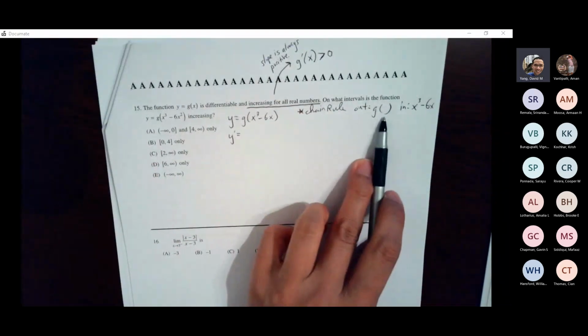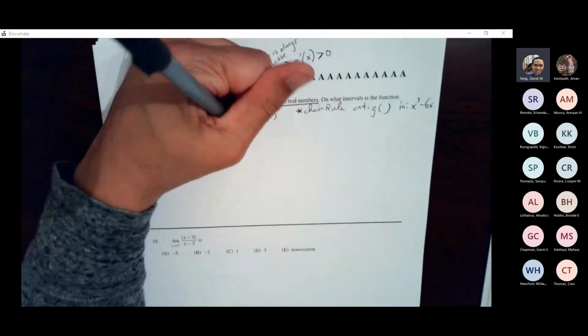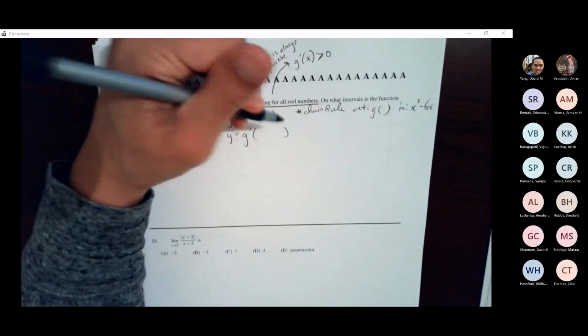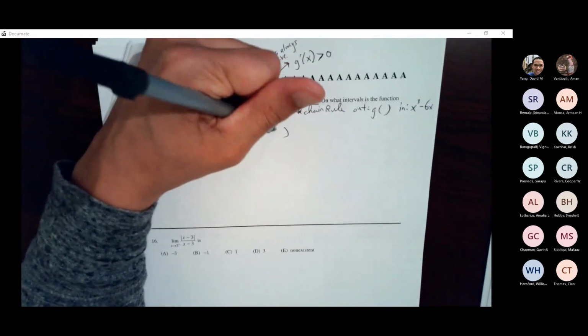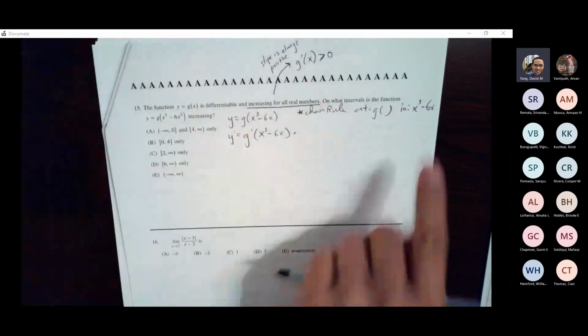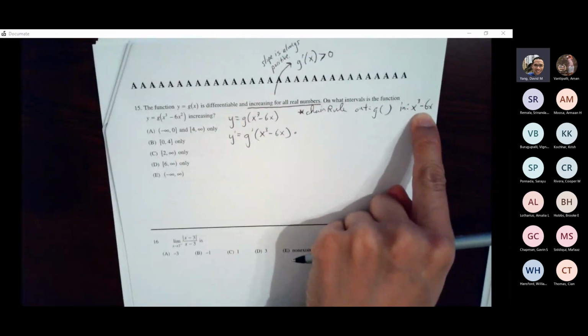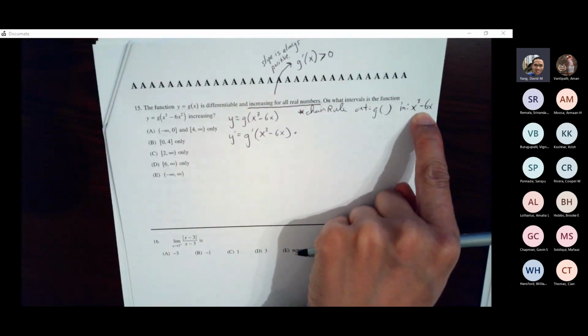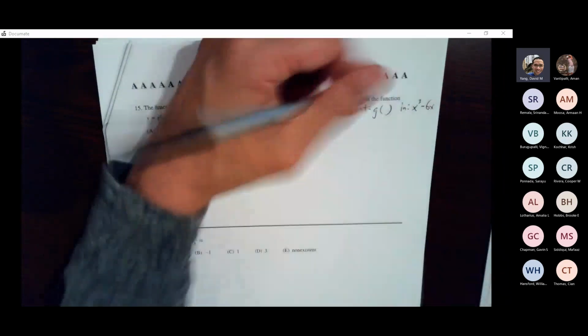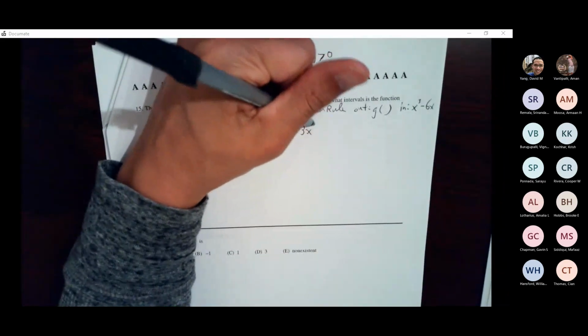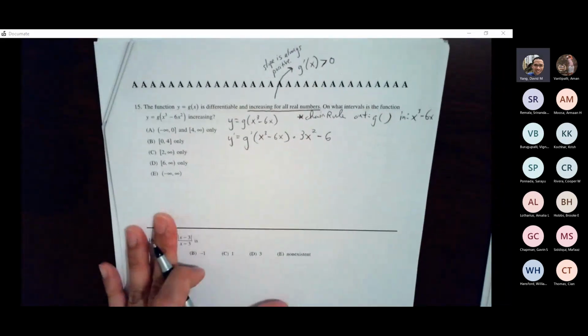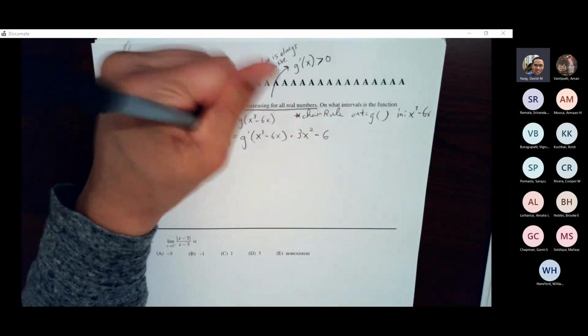The outside's derivative, g parentheses, becomes g prime. We keep everything intact inside and multiply by the inside function's derivative. So x³ − 6x's derivative is 3x² − 6.